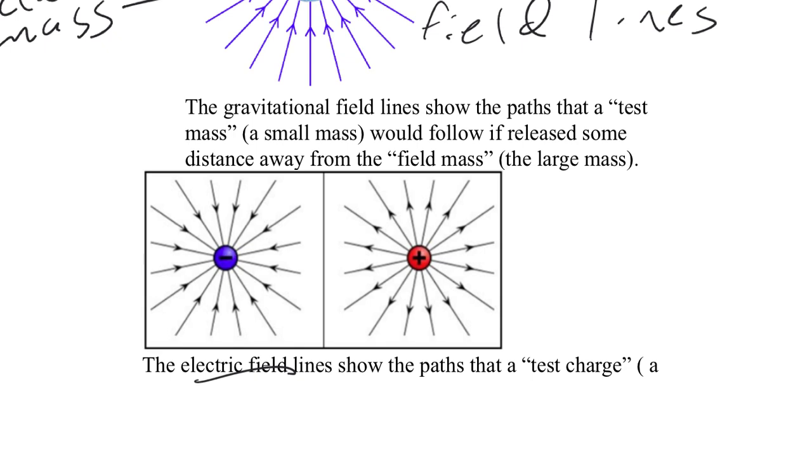Okay, so if you're negative charge, the force field lines draw a test charge. Test charge is always going to be a small positive charge.